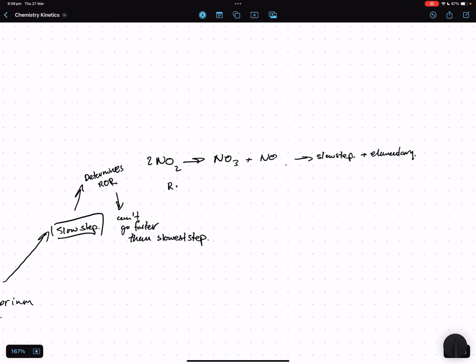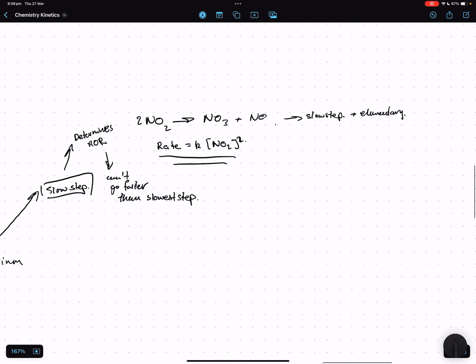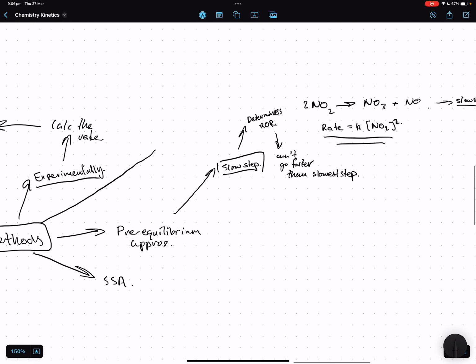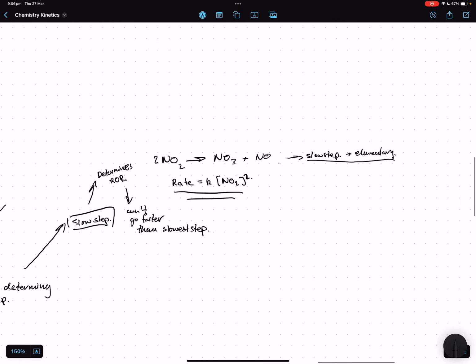So the rate here is equal to k, concentration of NO2 squared. That's our overall rate equation. Oh no, sorry, my apologies. This is just called the rate determining step. I've got this mixed up. This is easy to understand.